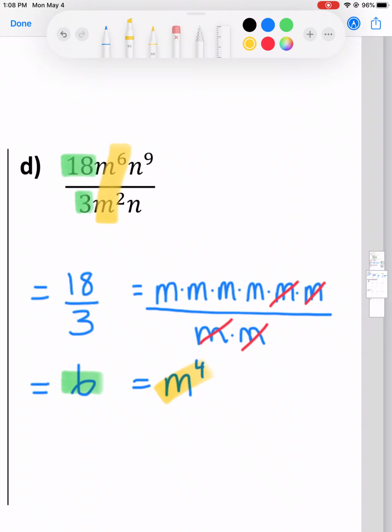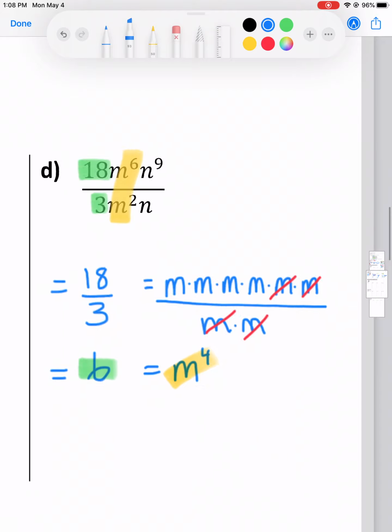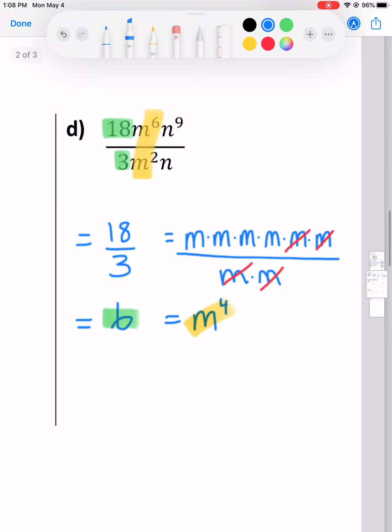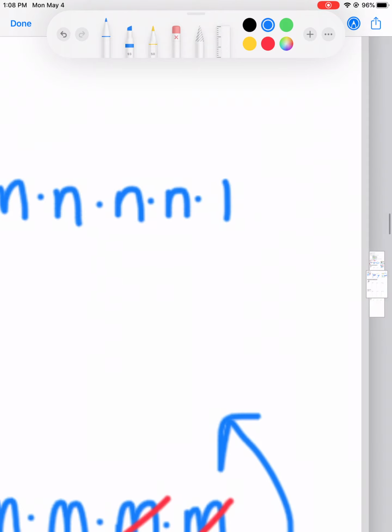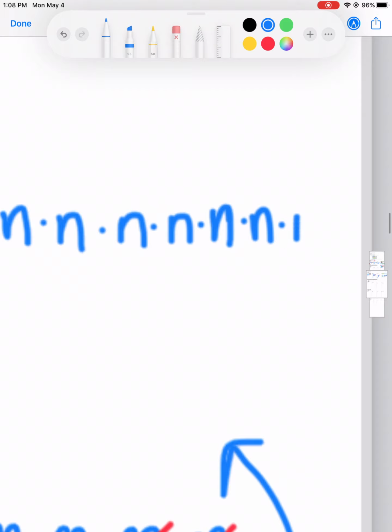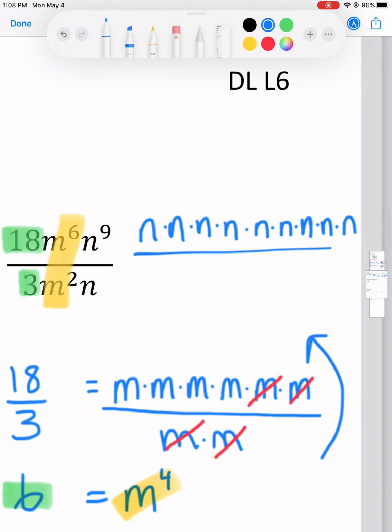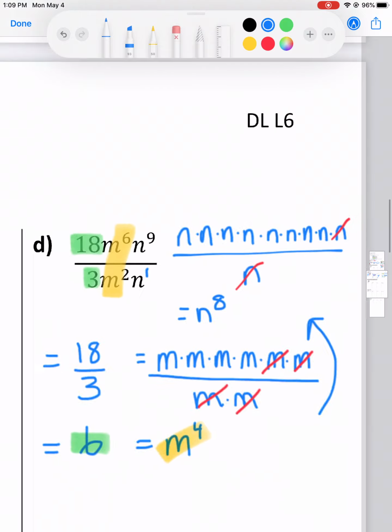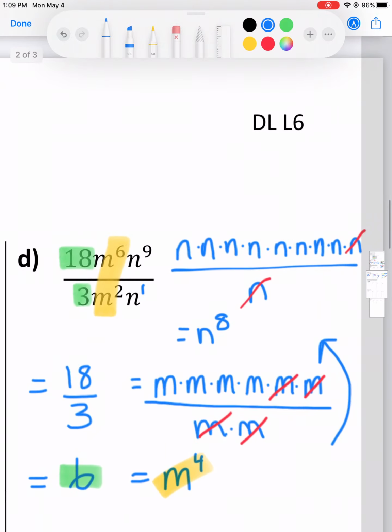And then my n's, I'm just going to go above. 1, 2, 3, 4, 5, 6, 7, 8, 9, divided by only one of them. Boom, boom. n to the power 8 is my final answer. I did it in red.